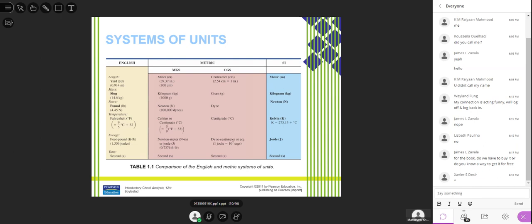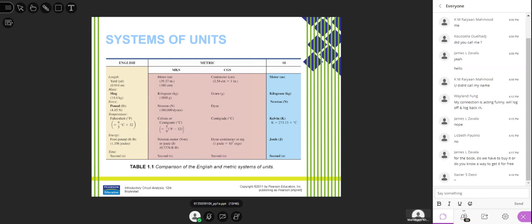For the temperature, in the English system, we use Fahrenheit, and this is the relationship between Fahrenheit and Celsius. For the metric system, we have Celsius or centigrade, and this is the relationship for how to convert from Fahrenheit to Celsius. And in the SI system, we use Kelvin, and this is the relationship between the Kelvin temperature and the centigrade temperature. For the energy, in the English system, we use foot-pound, which is equal to 1.356 joules.